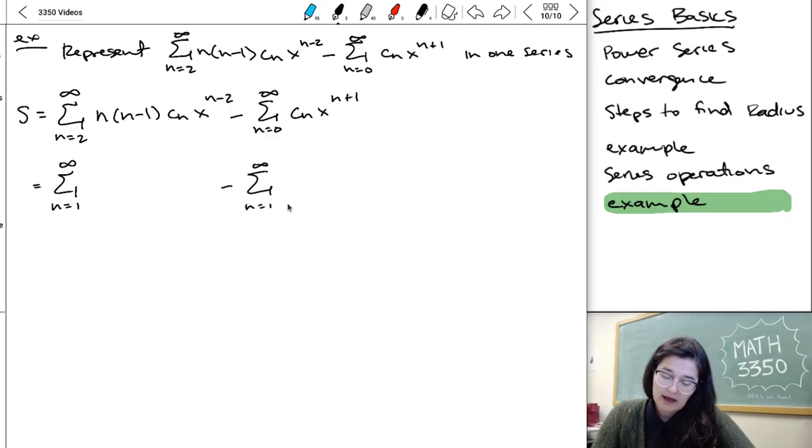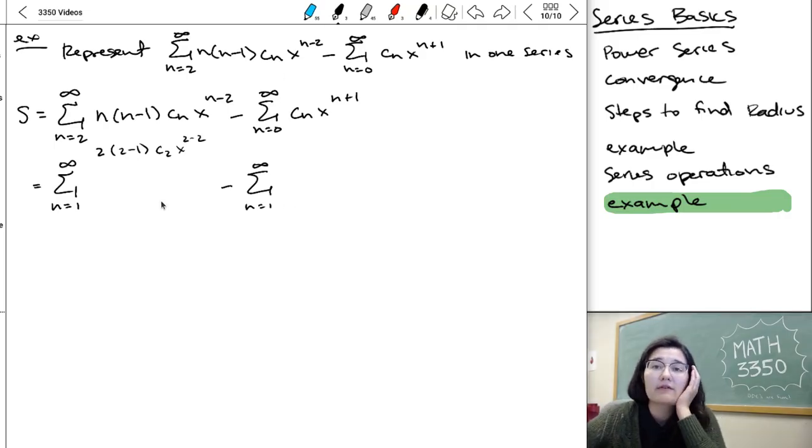I'm going to note that when I plug in n equals 2 to my first series, I have 2 times 2 minus 1 times c2 times x to the 2 minus 2. So whatever I write here, I want it to give that same term when I plug in 1.